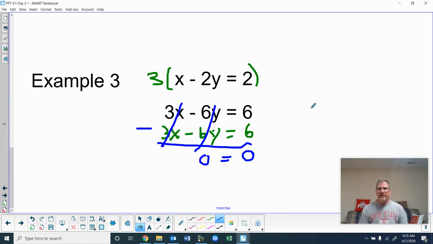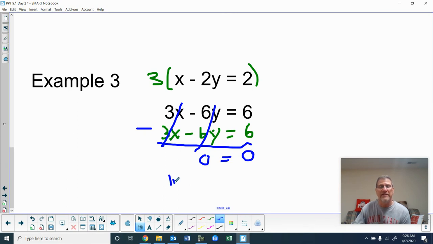The other day when we did substitution and our x's and y's got canceled out, after we substituted, we got a false statement. We said there was no solution. Well, if this happens and we get a true statement, everything gets eliminated, no x's or y's, that means we're going to have an infinite number of solutions.